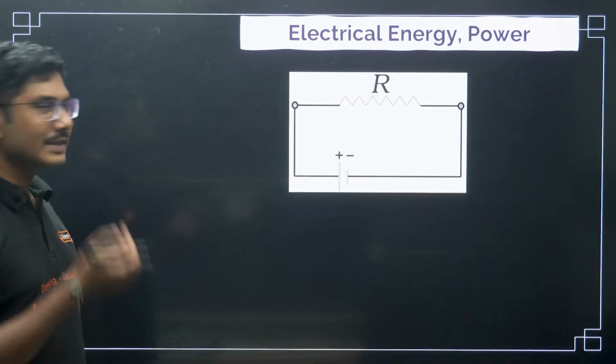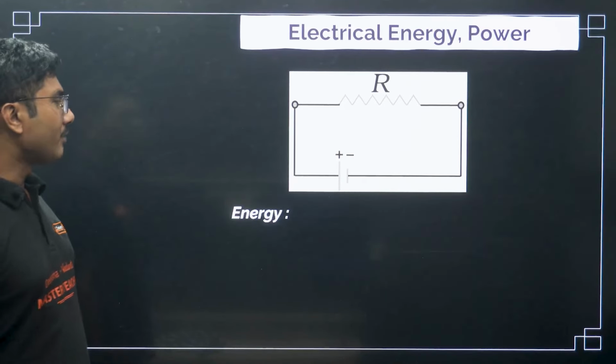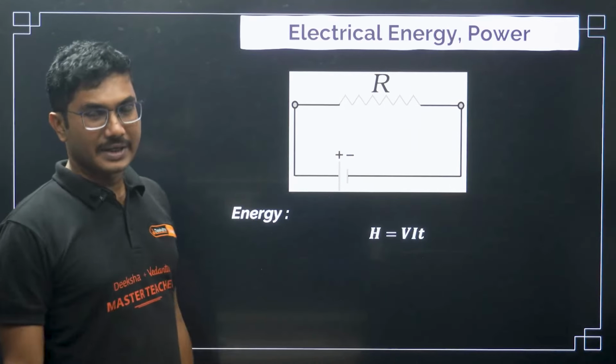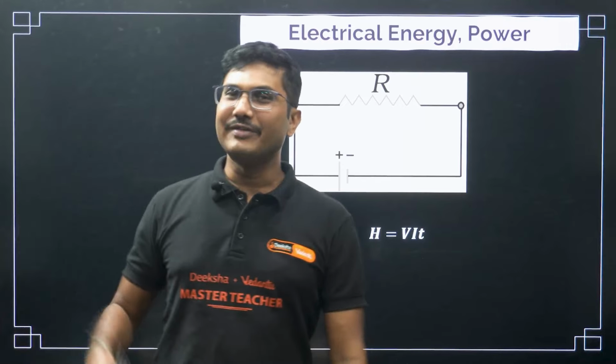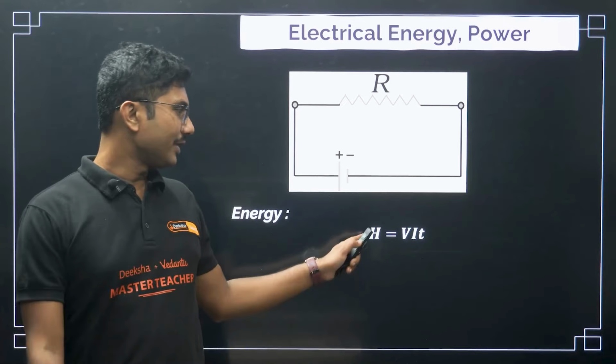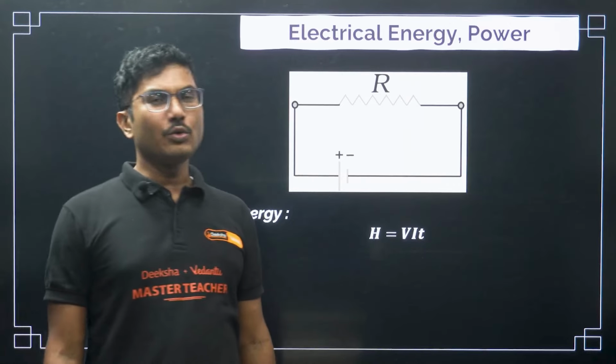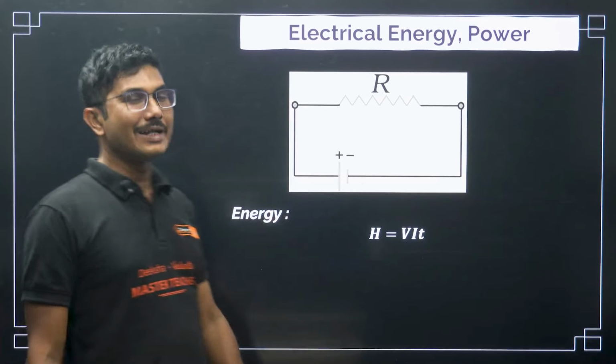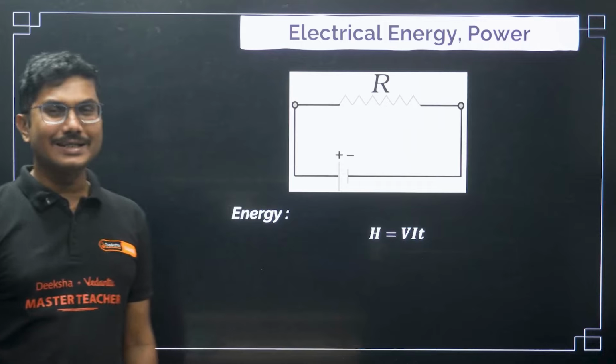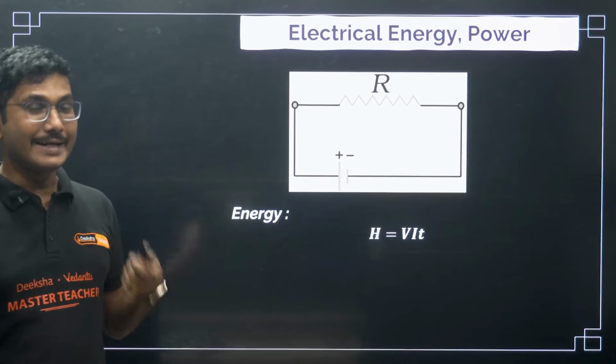Now electrical energy and power. The basic formula for energy is given by vitamin. Energy is VIT: voltage, current into time. If you eat vitamin, you will get energy. Voltage, current into time is the energy that is dissipated in a device.